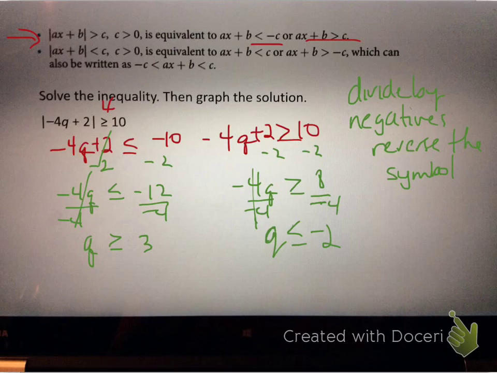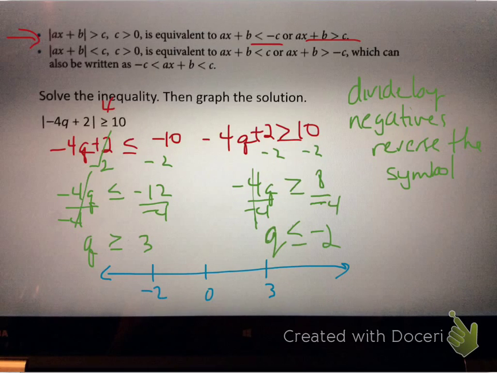So now we want to go down here and put that on our number line. So here we've got our 0. We'll put in our negative 2, and let's put in our 3.